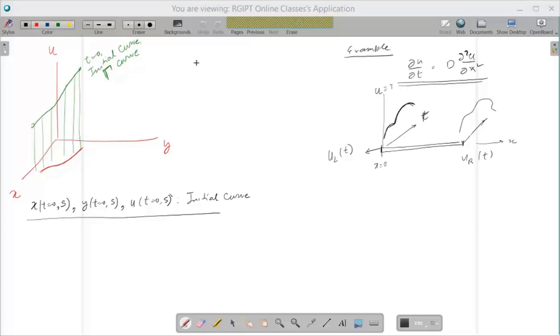For example, I have let's say a diffusion equation.